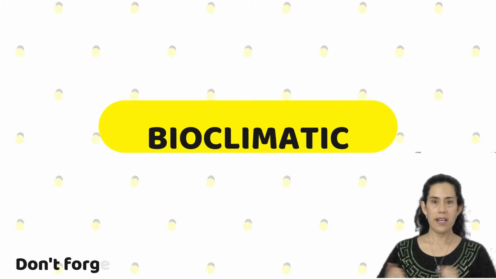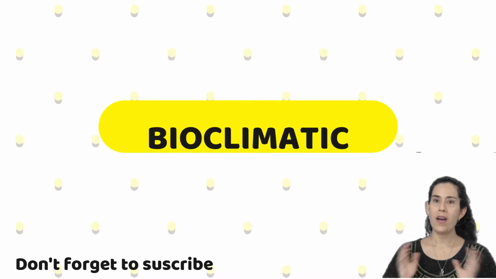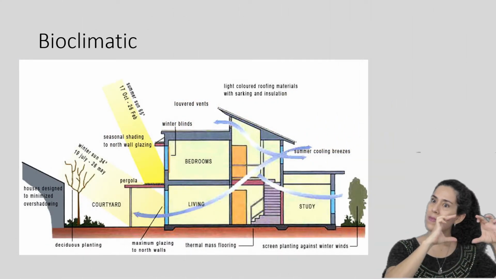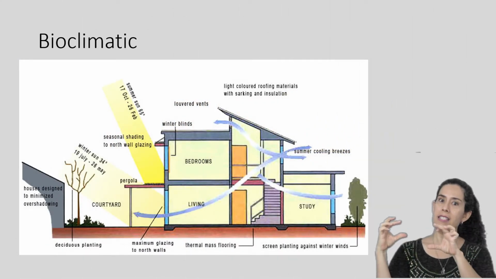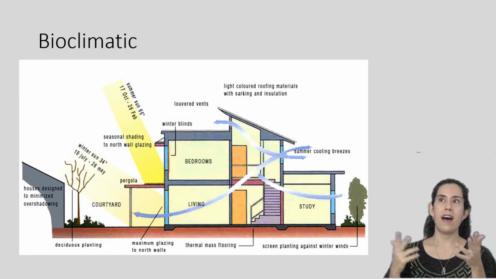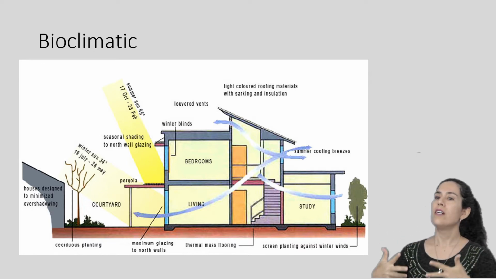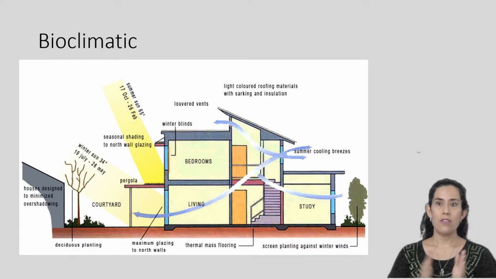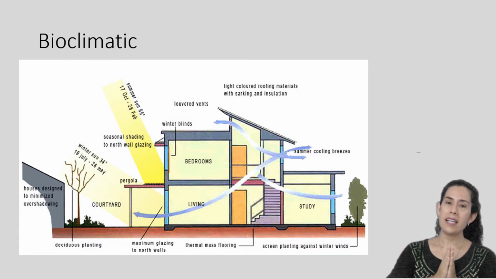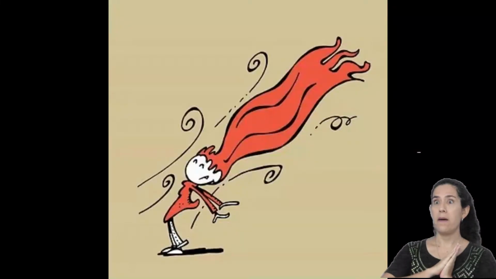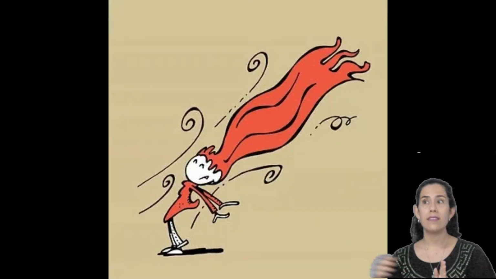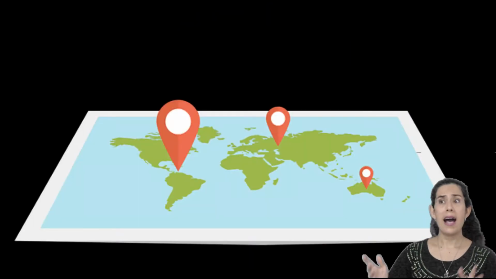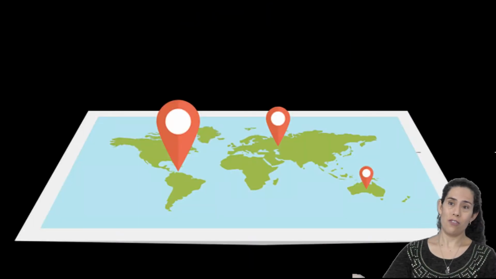So let's start with bioclimatic architecture. What is bioclimatic architecture? Obviously, because of the term itself, it is the type of architecture that is designed according to the climate of the place. So that means that this takes into account wind, sun, and the site requirements, as actually every type of architecture should.